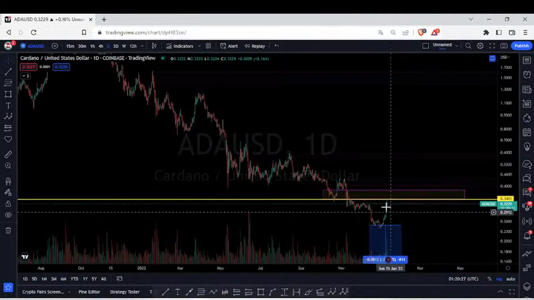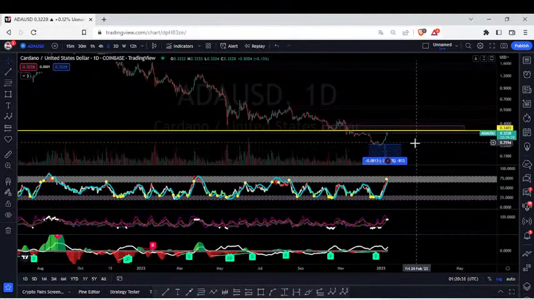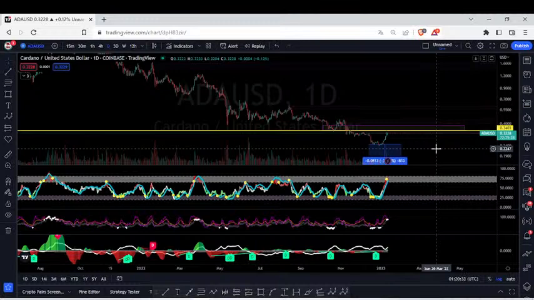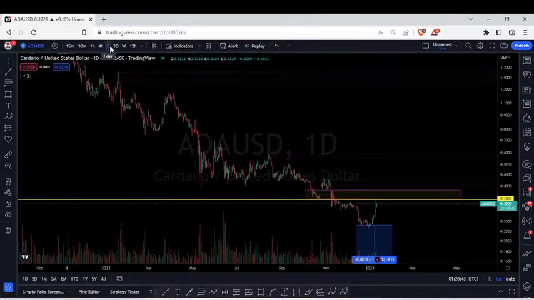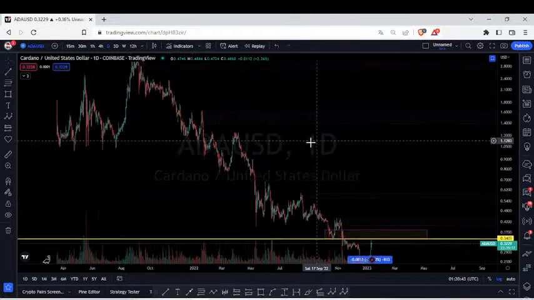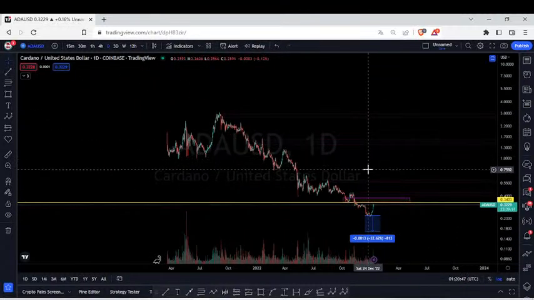And that's exactly why ADA for me is not a hold. I think it definitely gets back to about 18 to 13 cents before it does make a move up. That's just my honest opinion on ADA. Right now it's like catching a falling knife.